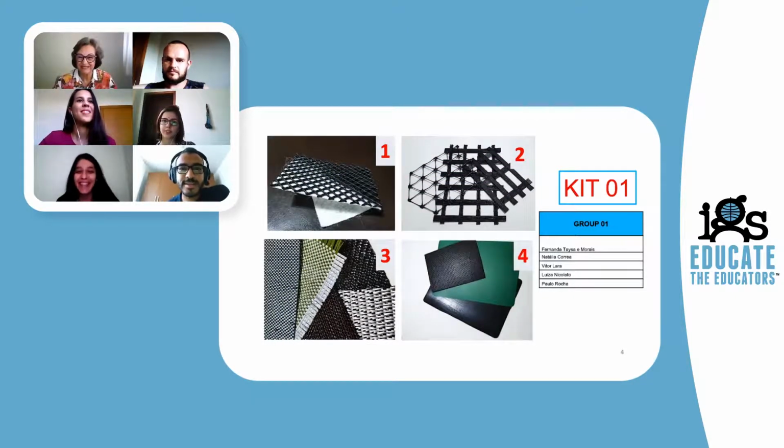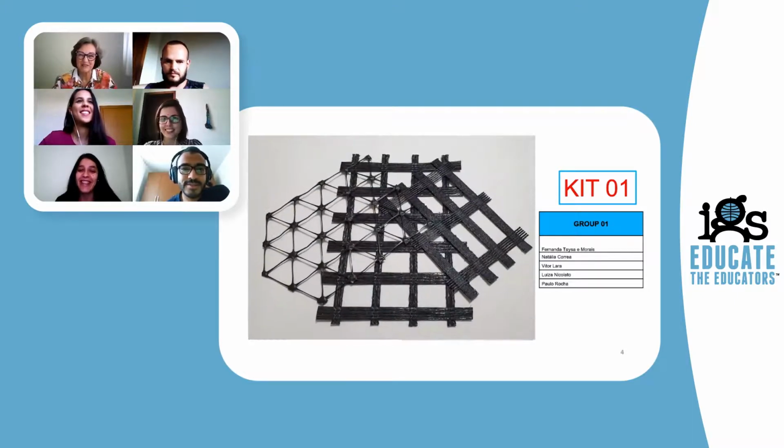Professor? And then number 2 is geogrid, right? Right. Yeah, it looks like a geogrid. Are the bidimensional and the three-dimensional geogrid in the sample? Yeah, that's true.